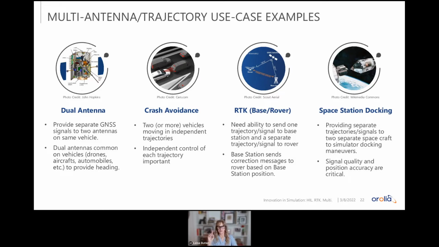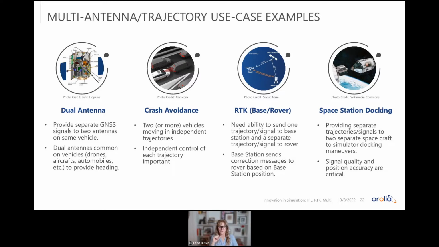And you see this a lot in drones or automobiles for heading. So maybe you're sitting still or you're hovering, and you need to know what direction you're facing. So that's a common use case for having 2 antennas. So that would be a multi-antenna example.